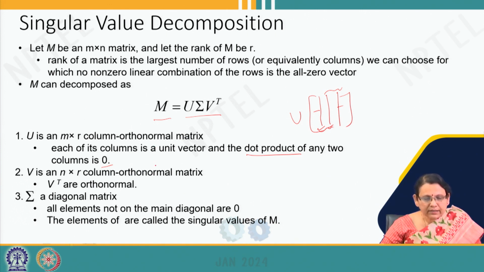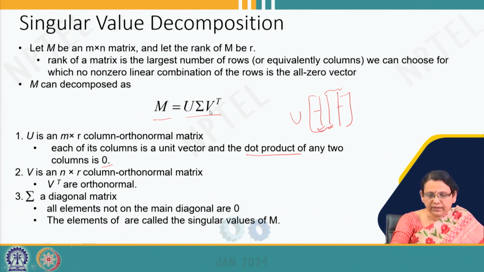V is an N cross R column orthonormal matrix. If we consider V transpose, then it is row orthonormal. Now we have sigma, which is a diagonal matrix.